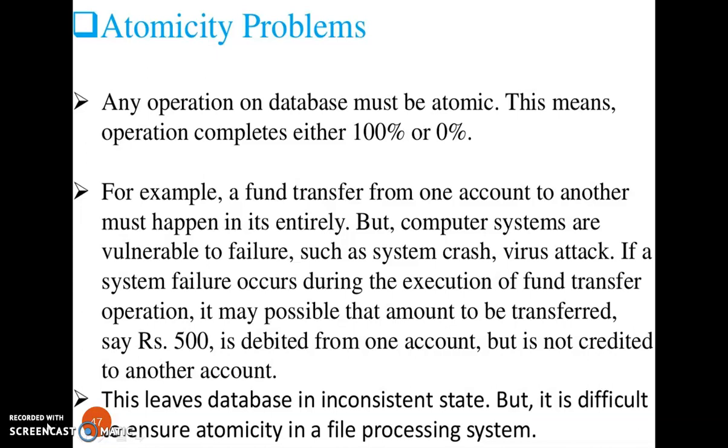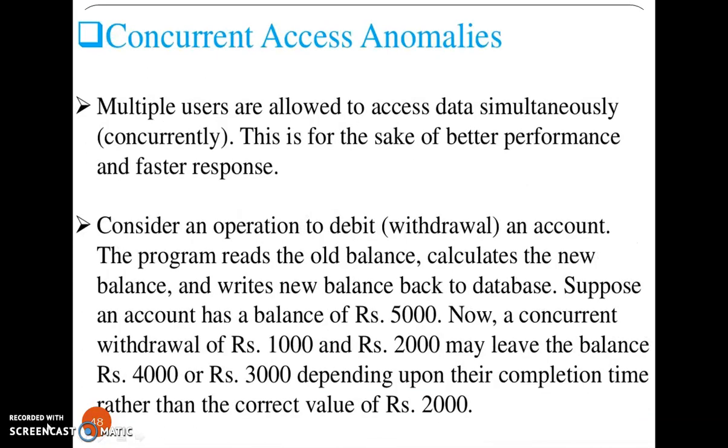This leaves the database in an inconsistent state, and it is difficult to ensure atomicity in a file processing system. This is the problem of atomicity. So atomicity means either the operation must complete in its entirety or does not happen.